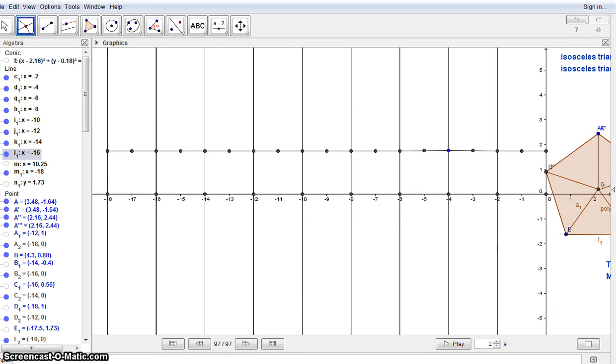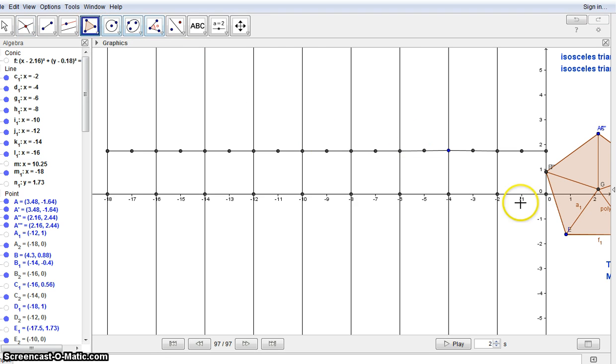I've created some construction lines on GeoGebra because I think that I can illustrate the idea that 6 congruent equilateral triangles will have the same area as one isosceles triangle that has particular properties.